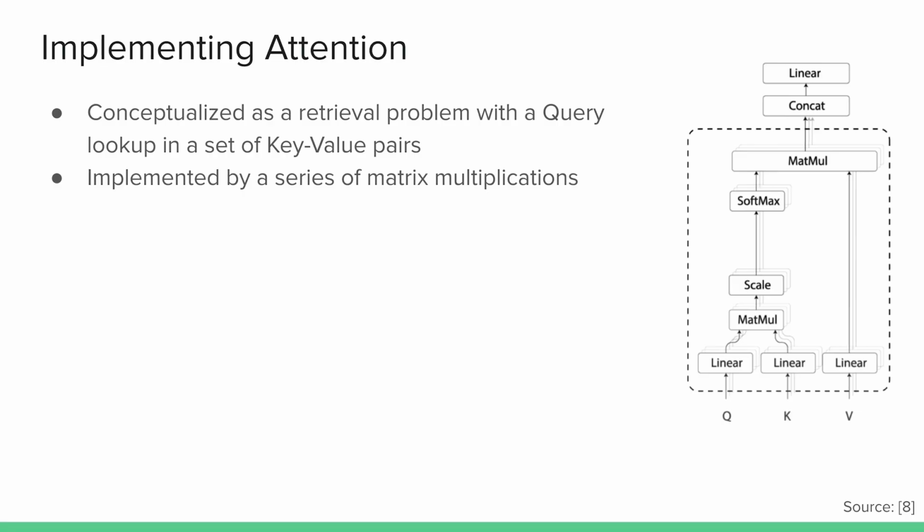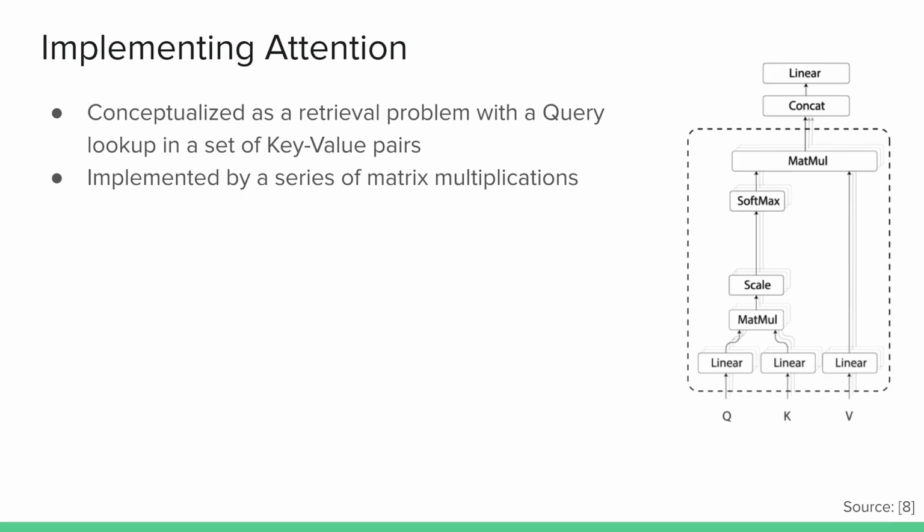And for our attention mechanism, we can implement this kind of concept by a series of matrix multiplications. So coming back to this Q, K, and V, the query, the key, and the value, you can think of it as the following. We have a query, which is our input word, like one word in our input sequence.